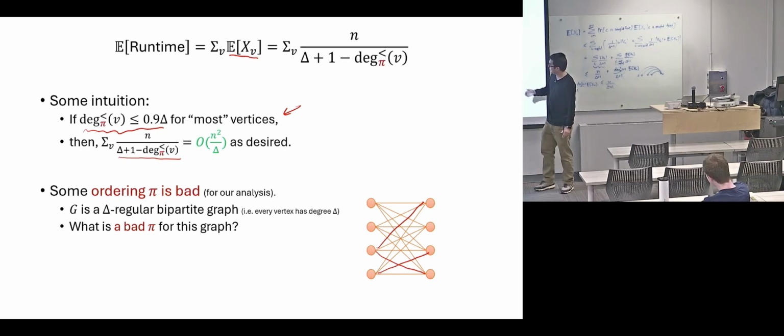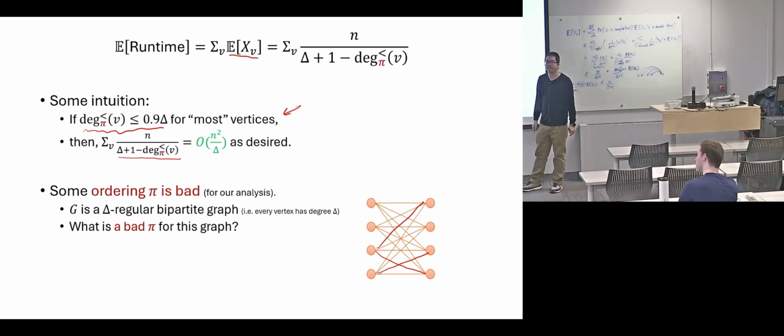You can just order vertices in any way such that every vertex on the left side is before every vertex on the right side. Which means that if you look at the degree before of a right vertex, all of its neighbors are before it. So the before degree of this one is just delta, and this one is delta too, this one too.